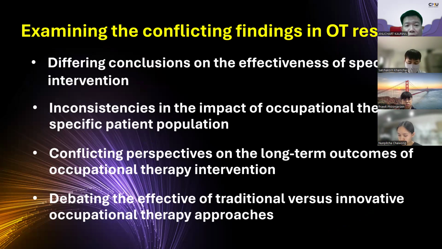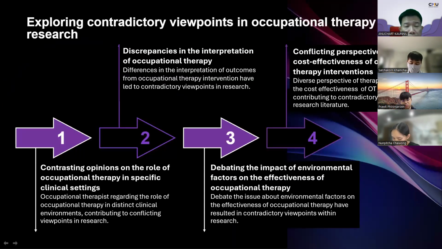What is the difference, what is the effectiveness of specific OT intervention, is there inconsistency in impact or is it consistent for specific OT clients? Sometimes results cannot show the same because there is still conflict, with different perspectives, outcomes, or long-term outcomes. It needs to be debated and discussed in terms of the effectiveness of traditional OT and innovative OT in the future.